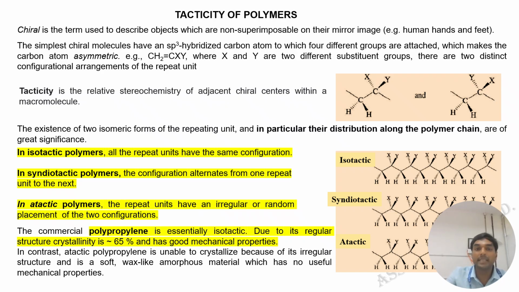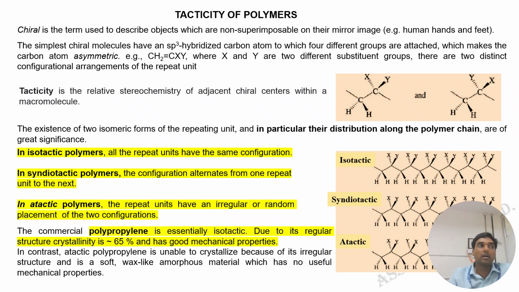Whereas syndiotactic will be alternate. You see in this case y is above the plane, next y is below the plane, then y is above the plane, then next y is below the plane. It's an alternating arrangement of the same functional group, either above or below the plane. And the last one is the atactic polymer. Atactic polymer is a random arrangement of that same functional group.